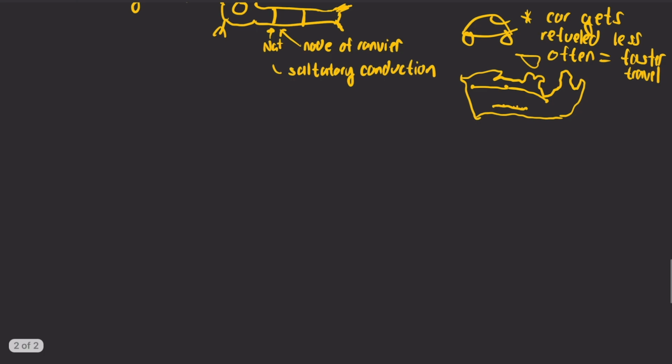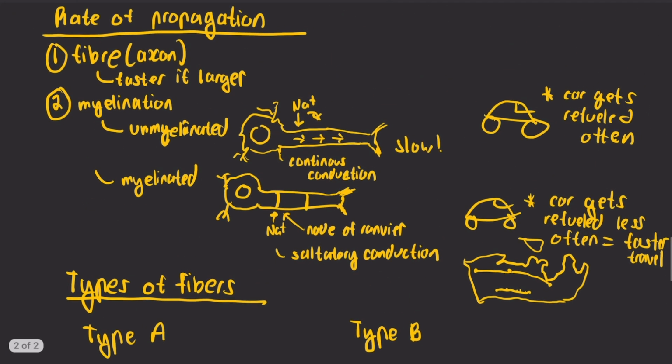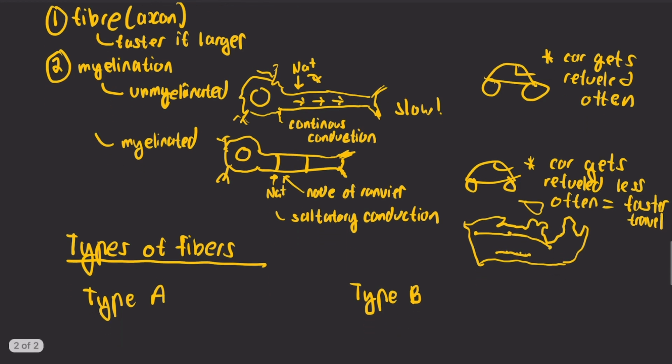Now, there are also different types of fibers that are affecting the propagation of our action potential. This will be our last topic for today. So, we have what we would refer to as the type A, and then we would have our type B. Remember, earlier we mentioned that fibers affect propagation, and obviously myelination.